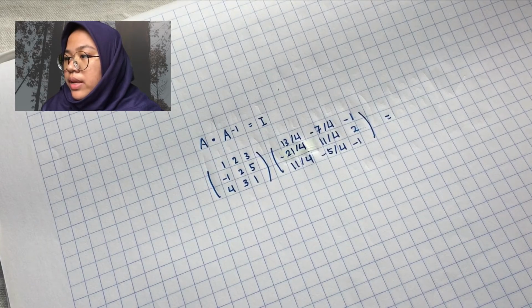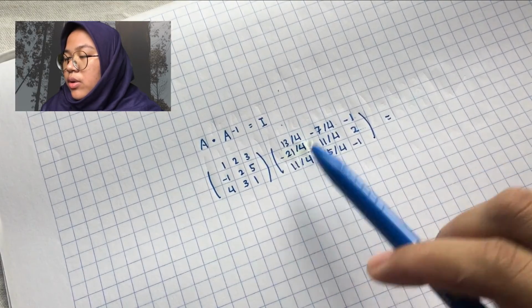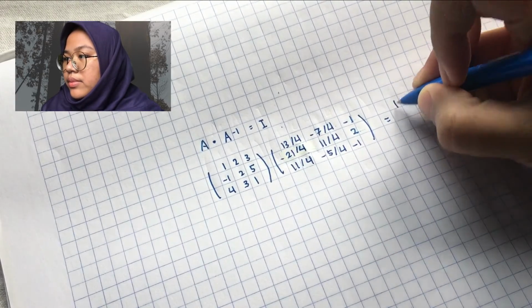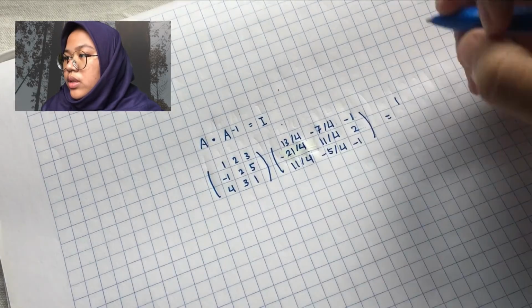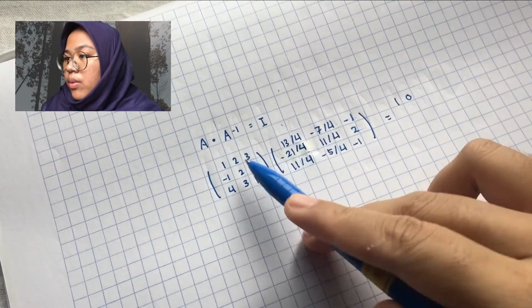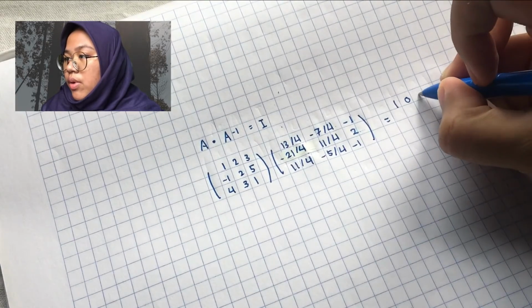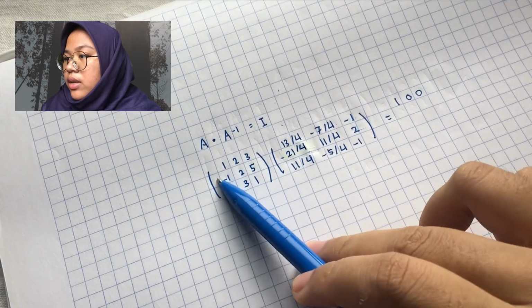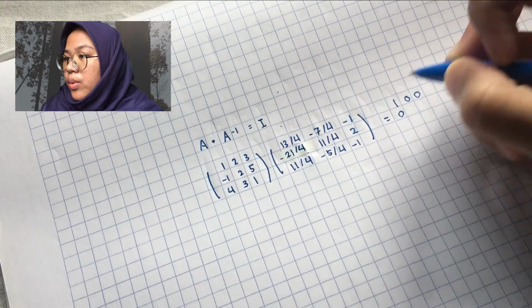So we must multiply both. Row 1, column 1, the answer is 1. Row 1, column 2, the answer is 0. Row 1, column 3, the answer is 0. Multiply row 2, column 1, the answer is 0.